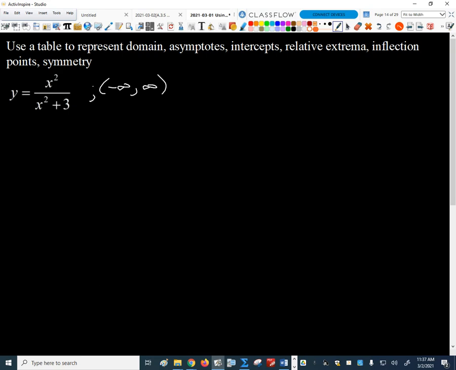Okay, let's look at symmetry. Does this have odd symmetry or even symmetry or neither? You may not be sure about the answer to this one. We haven't talked about this very much, but I want to start talking about it now.